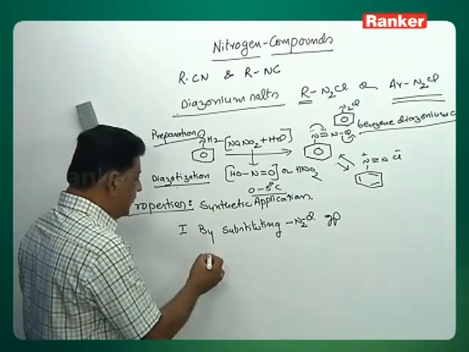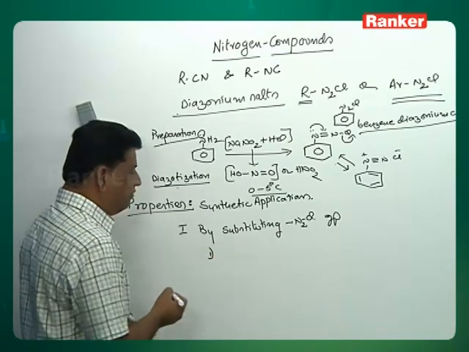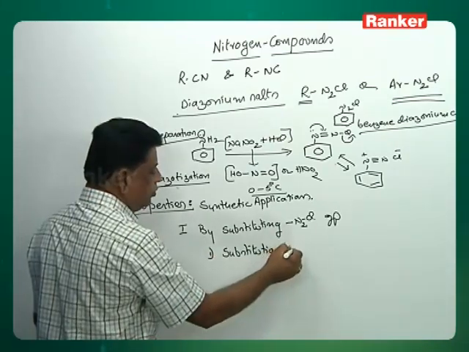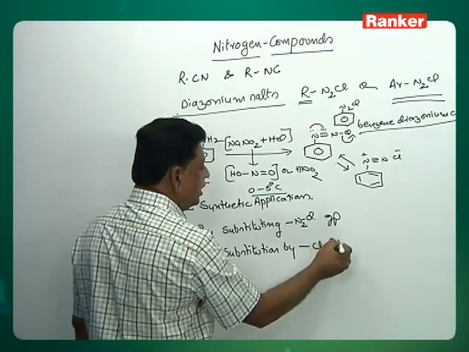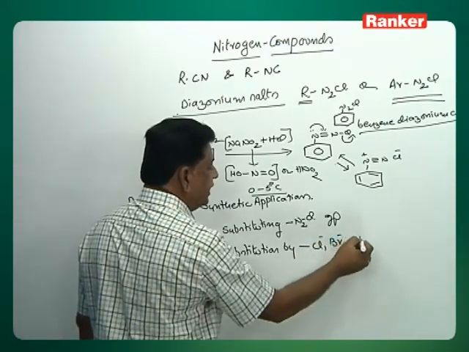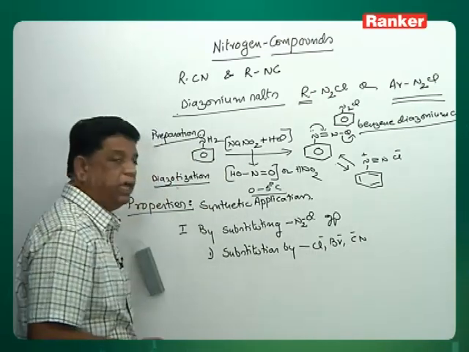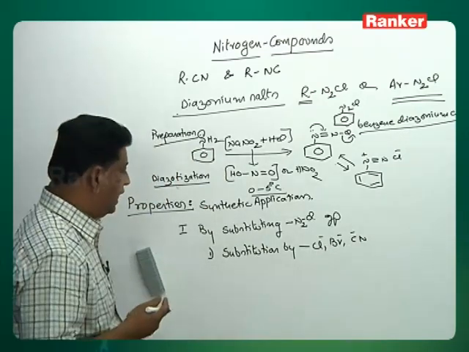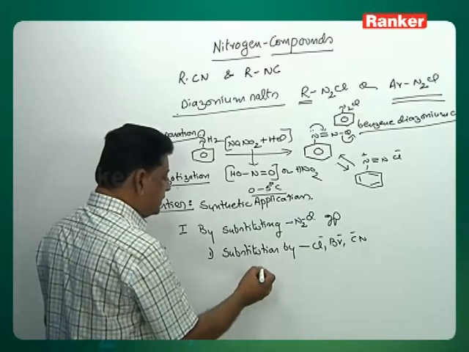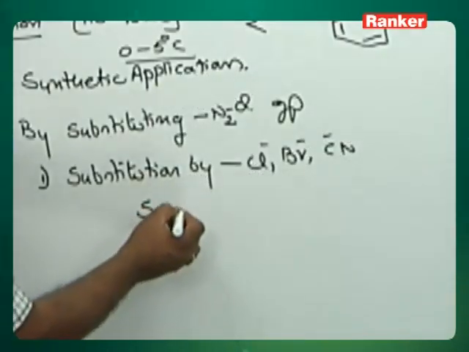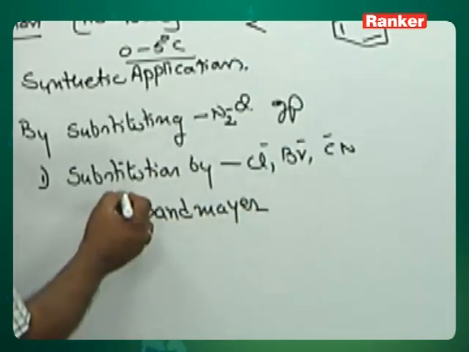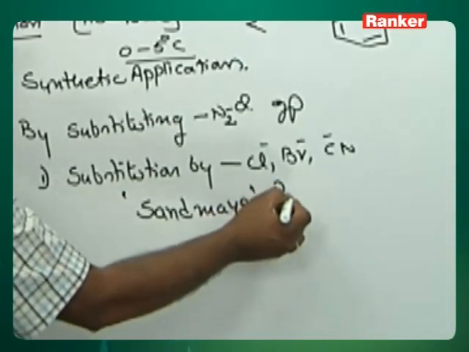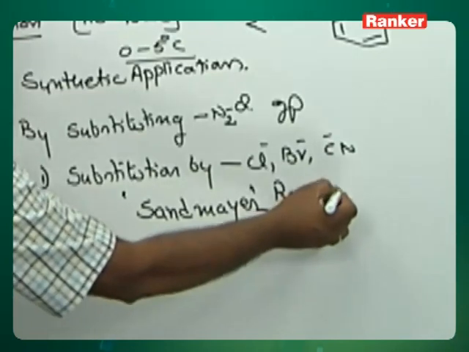Let us list them out, 1, 2, 3. The first one is substitution by chlorine, bromine and cyanide. All these groups can replace this N2Cl, and it is a known reaction called the Sandmeyer reaction. It's a name reaction. What is this reaction?